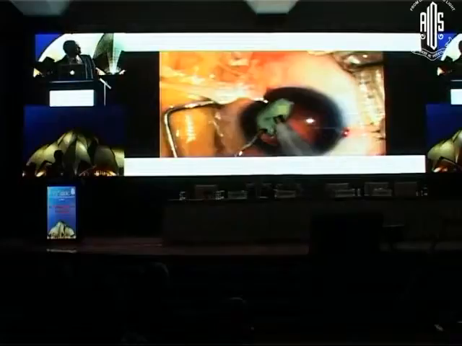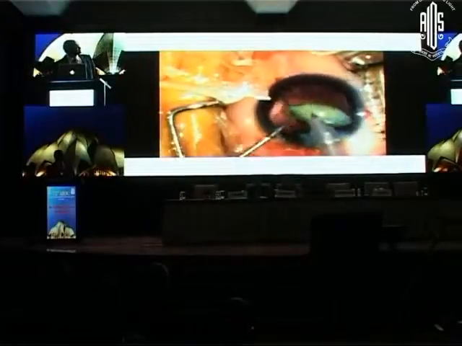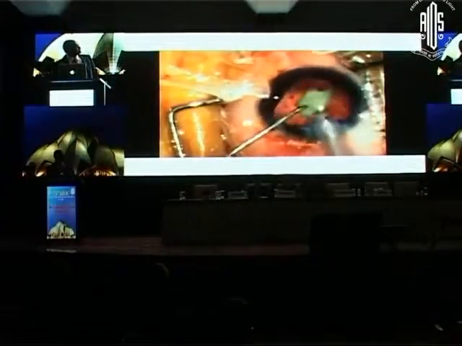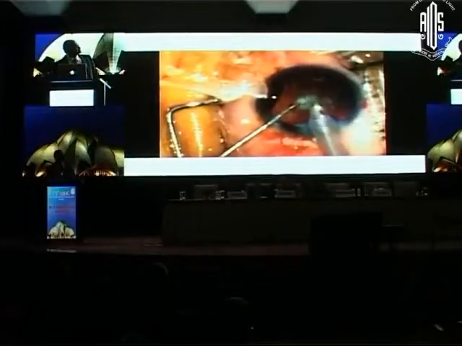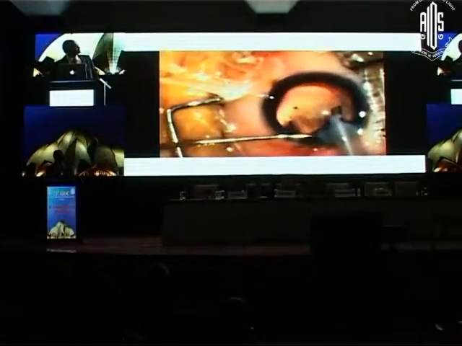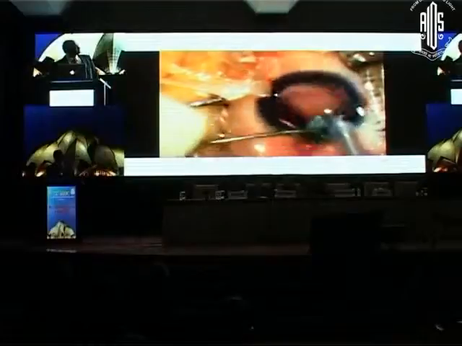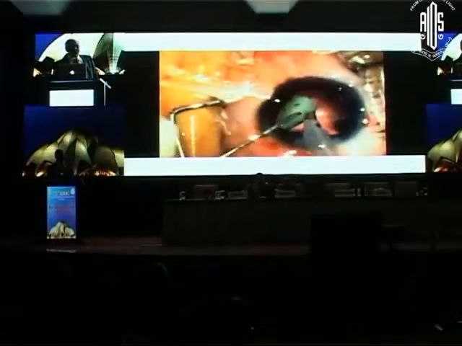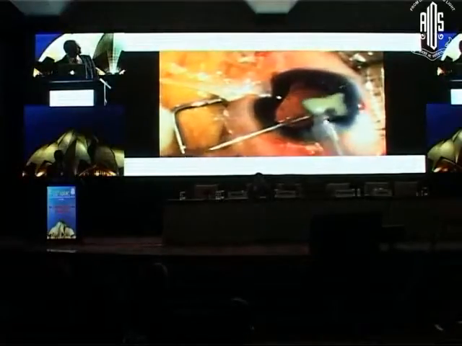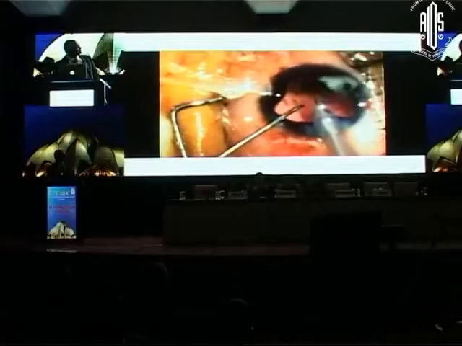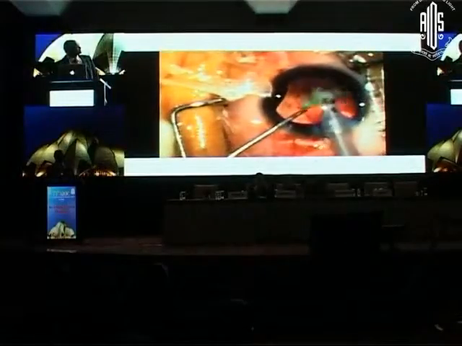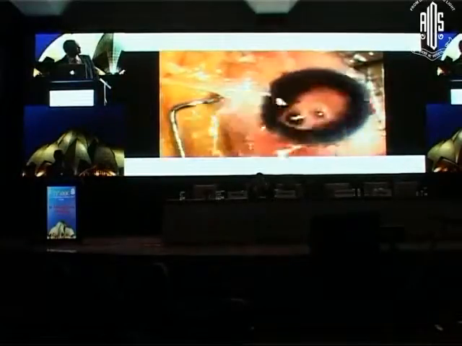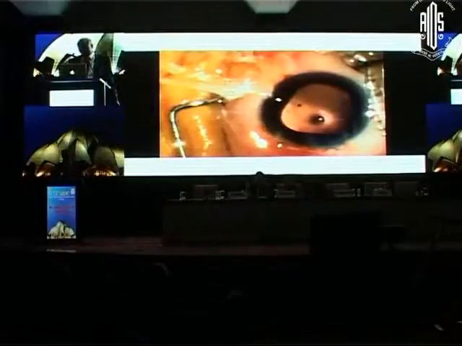Whenever you are doing this, go slowly, remove it slowly from the capsular bag, and then emulsify. See how this nucleus is wandering, and there is another piece stuck in the incision zone. Again I am lifting that piece and aspirating. See, again it is moving here and there. Keep patience, and you have completed the surgery.